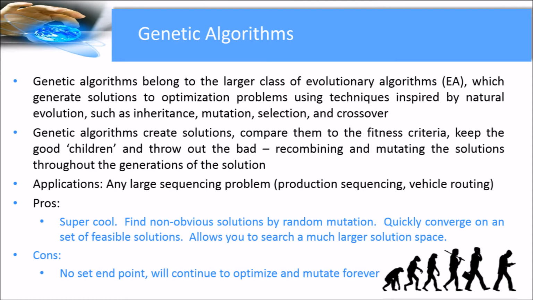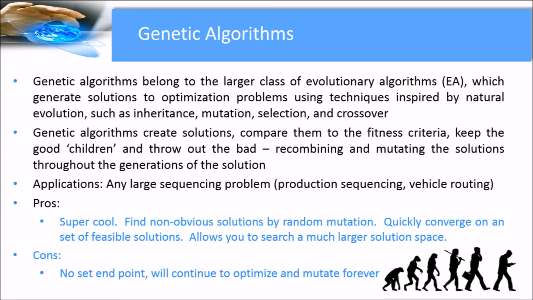Genetic algorithms are great at combinatorial and sequencing problems. Genetic algorithms avoid what's known as a seed bias by starting at a random point. Genetic algorithms find non-obvious solution spaces through mutation, and so they avoid being trapped into local minima or suboptimal solutions.